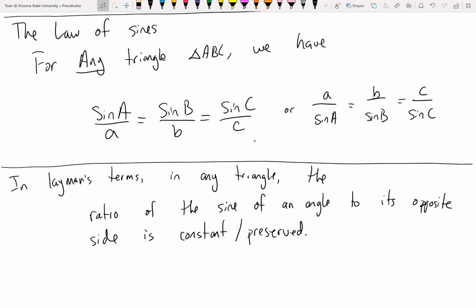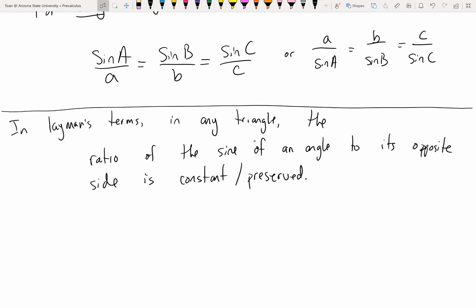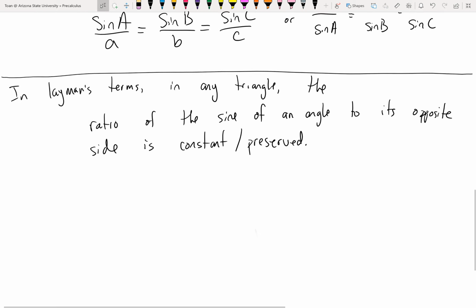This is very useful for us because it allows us to use trig, specifically sine, in a non-right triangle situation because we know that this relationship, this proportion, this ratio is true.